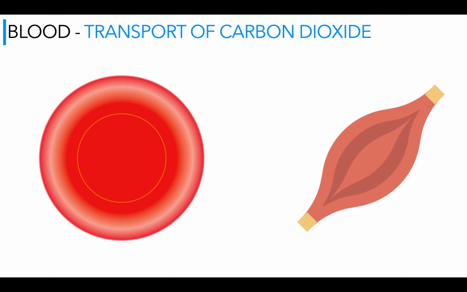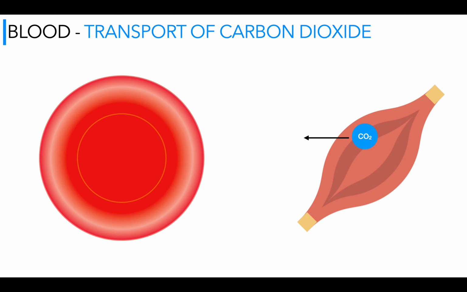But moving on, let's look at the transportation of carbon dioxide. The big difference here is that carbon dioxide can be transported in 3 ways. As we know, carbon dioxide is the waste product of aerobic energy production, and it must be removed in gaseous exchange. So let's look at how it's transported in the blood, and then it will be removed.